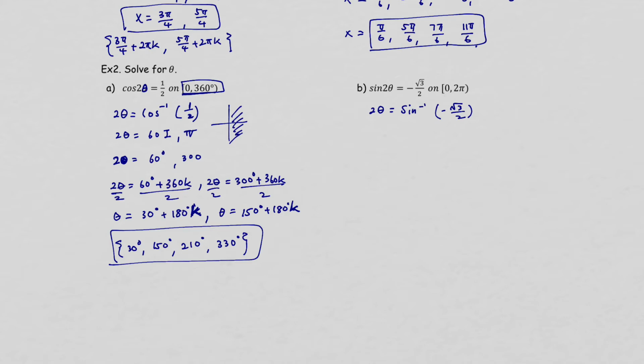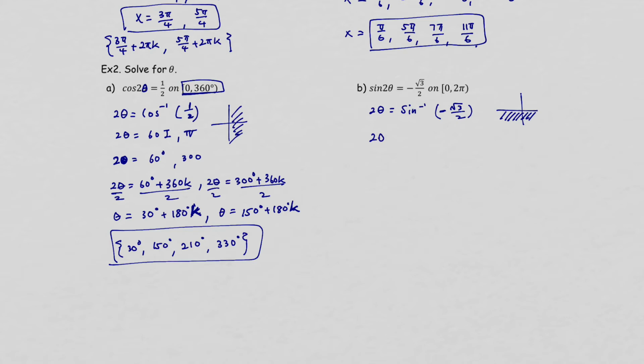And we know that square root of 3 over 2 as a sine, you're going to get pi over 3. And being negative, sine is negative, y is negative in the third quadrant and fourth quadrant.